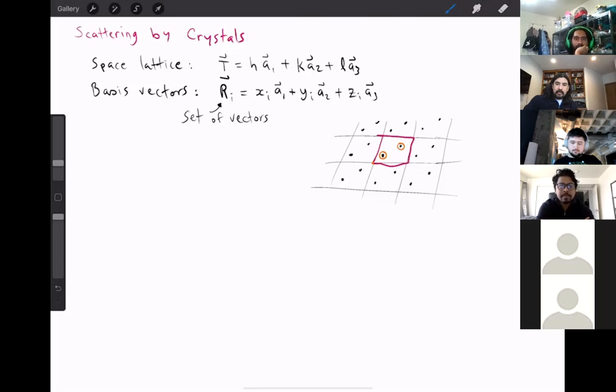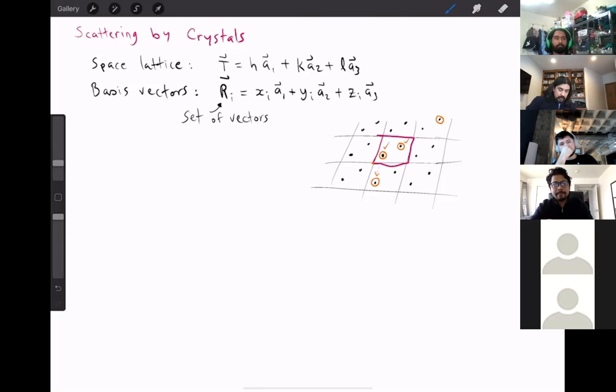But then let's say you want to talk about another atom in that same crystal. You want to talk about this one, then you have to go 1, 1 in the T from this one. Or if you wanted to talk about this one, then you have to translate by this vector, which is one of the vectors that we have in T. So R is giving you the position of the atom in a single unit cell, and T is taking you to any other unit cell you want to go to.